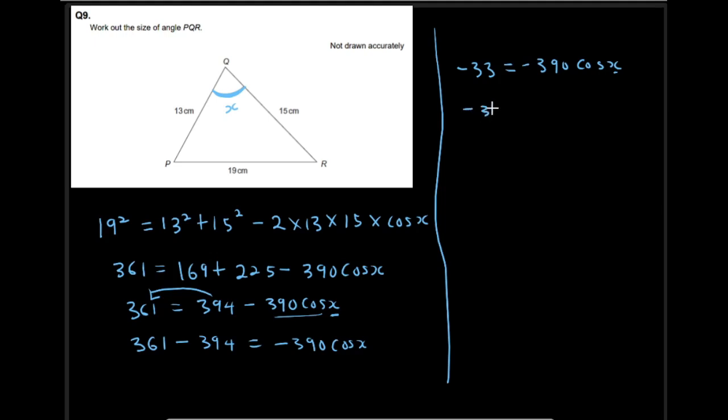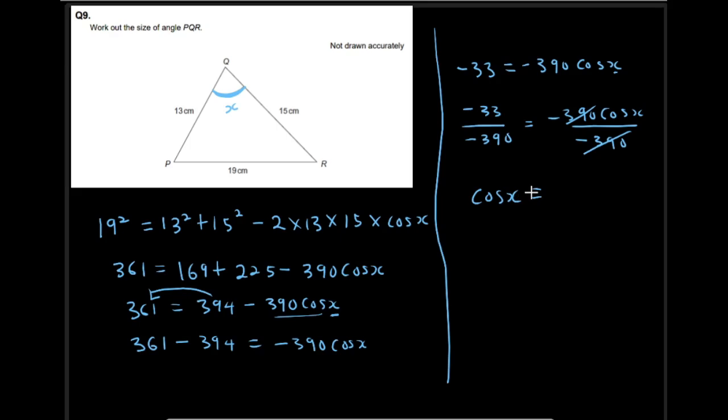So we have minus 33 all over minus 390 equals minus 390 cos x all over minus 390. So this will take out this, and then we'll be left with cos x equal to minus 33 divided by minus 390.